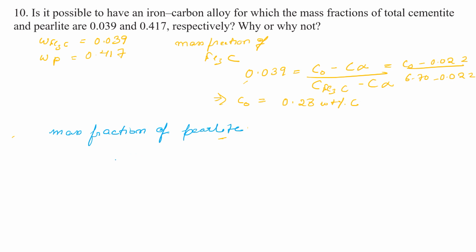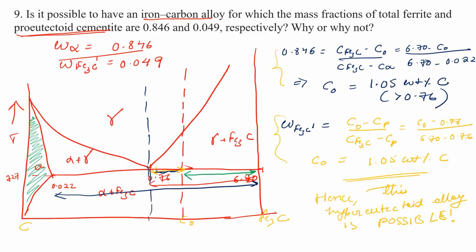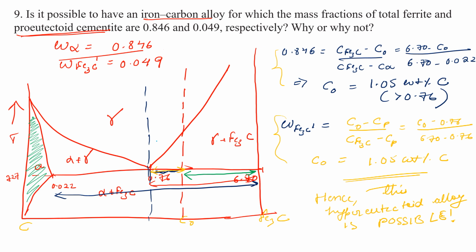The mass fraction of pearlite can be given by the arm that is away from the pearlite region. So that should be given by C0 minus C alpha divided by... So it's easy to imagine also. Let's say if our composition is less than 0.76, lying here somewhere in this region, then the arm that is away from the pearlite phase, this is pure pearlite phase, is this arm, which is basically the arbitrary composition C0 minus 0.022, that is C alpha.